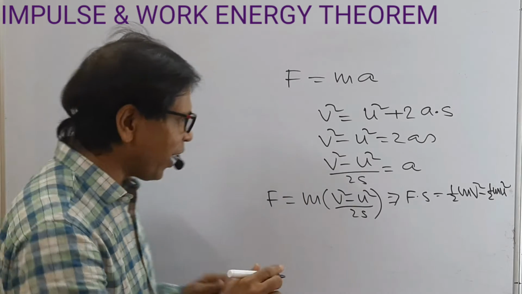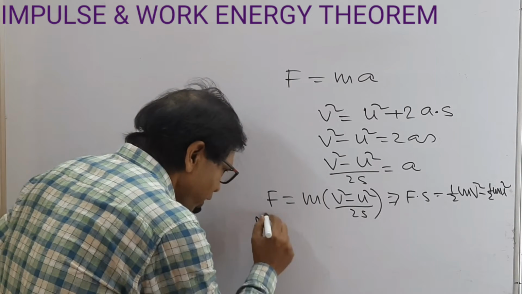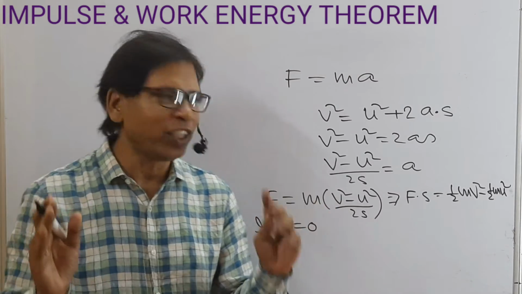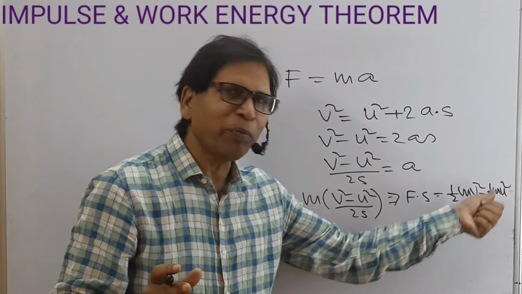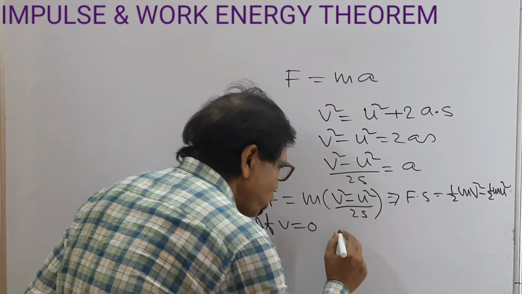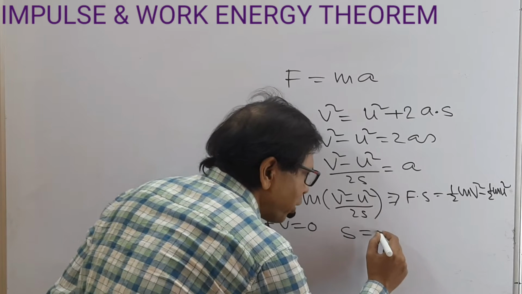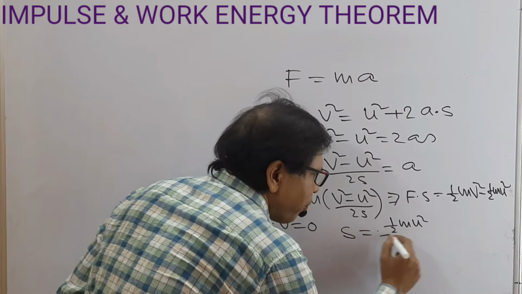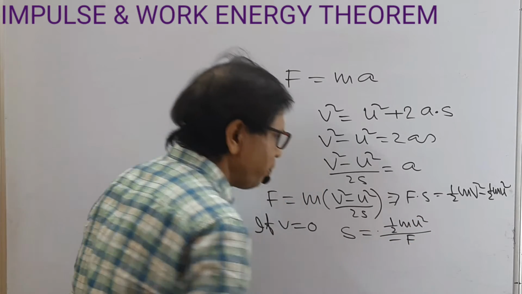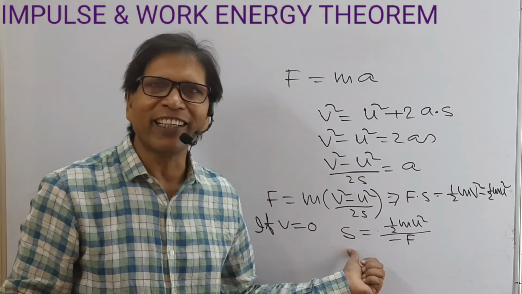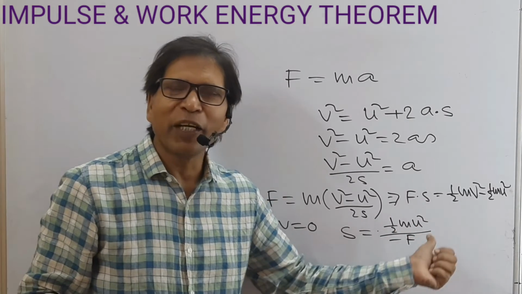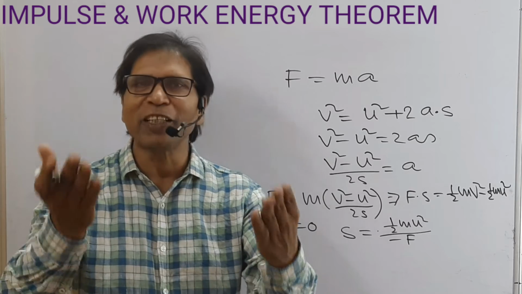Now look at this. If v equals 0, that is, final velocity is 0, then this term becomes 0. So the stopping distance s becomes half mu square divided by minus F. That is, stopping distance equals initial kinetic energy divided by resistive force.